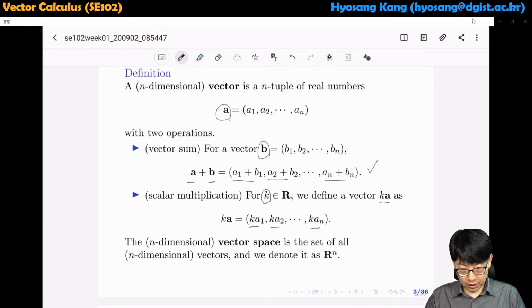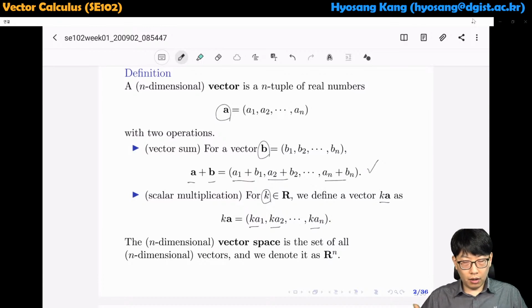If you represent your vector as an arrow in n-dimensional space, vector sum means the composition of two vectors, and scalar multiplication means a dilation of the vector, meaning you stretch the length of the vector by factor k.